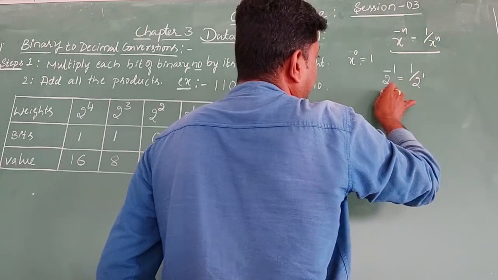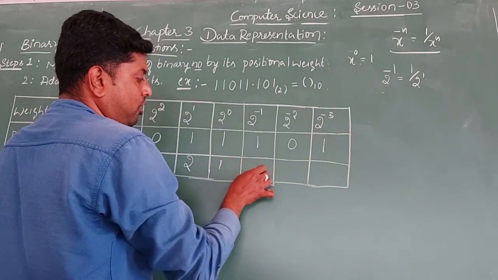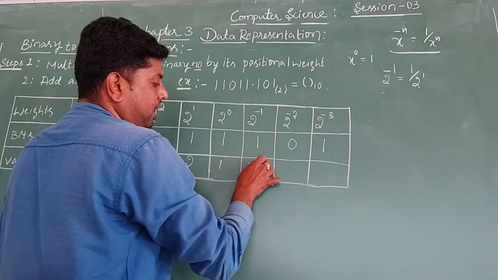Based on this formula, 1 divided by 2 is 0.5.